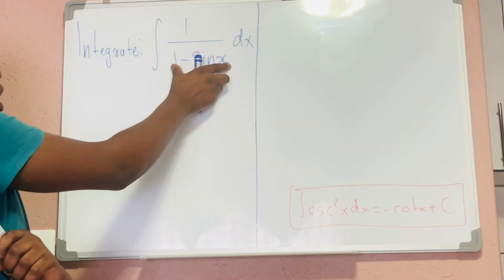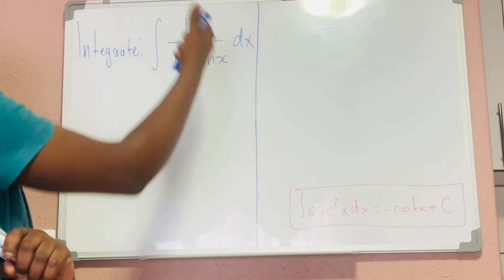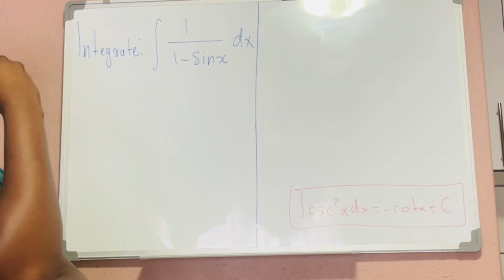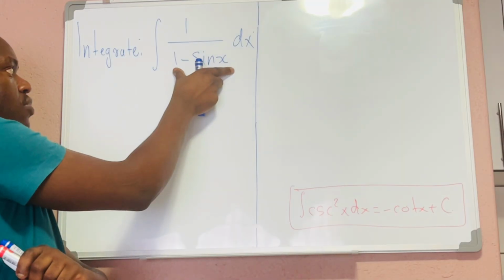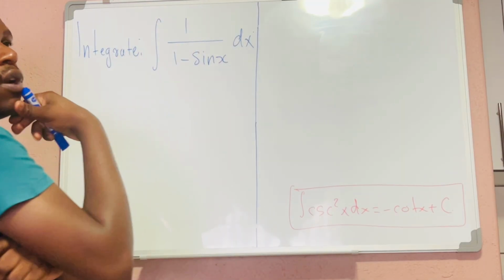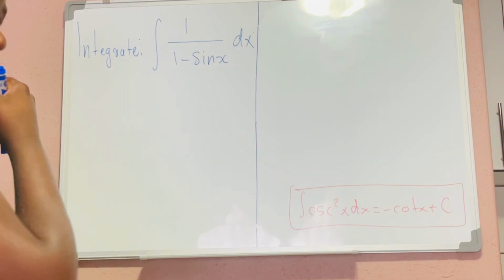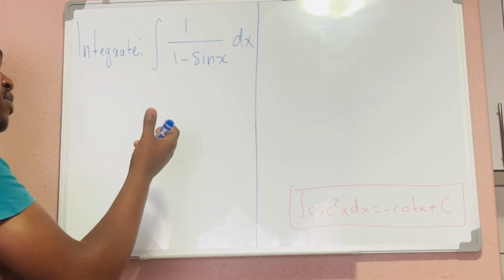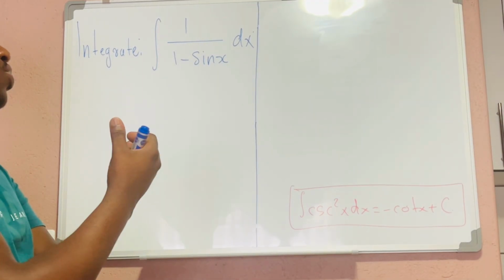If we let this be u, we are hoping to see something which is already within the integrand. If we differentiate this numerator, we are hoping that the derivative becomes something which is already there. But in this case, we don't have anything that will support us to use the u substitution, all right?